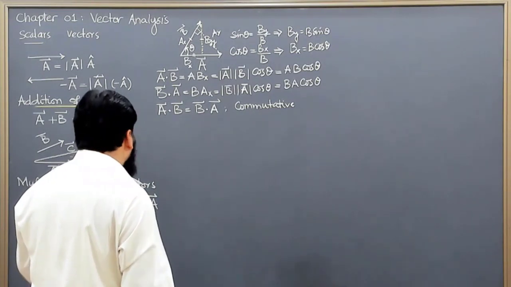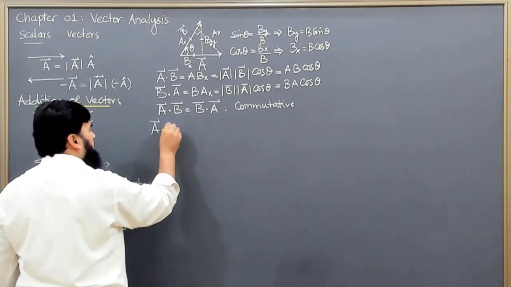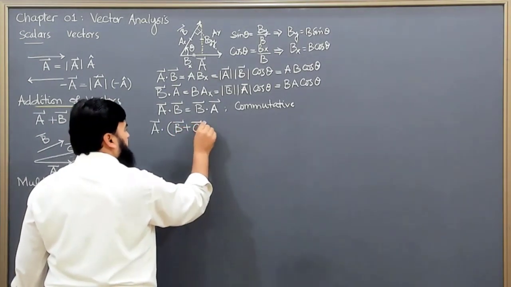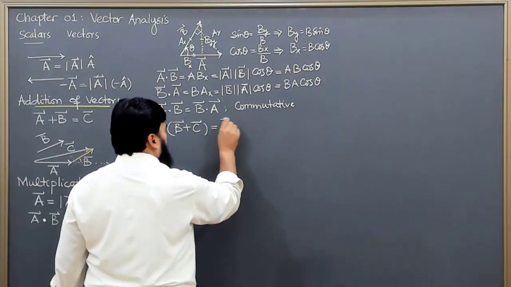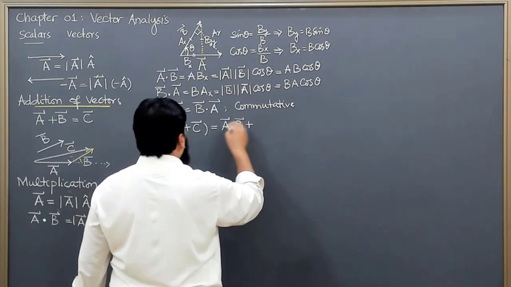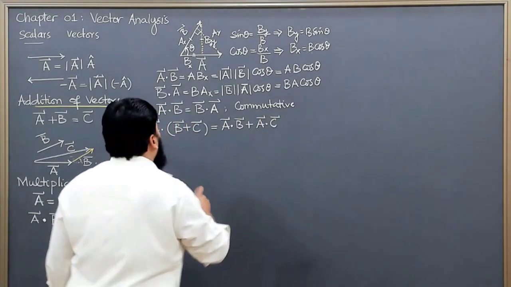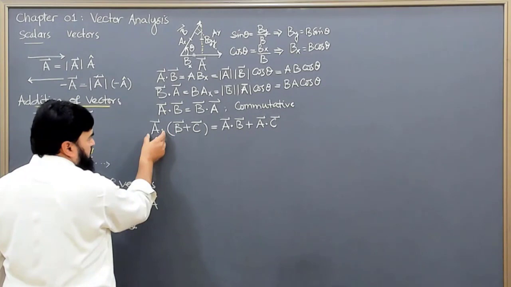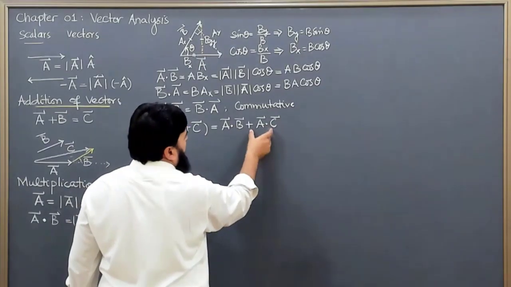Similarly, if I have the dot product between a vector and two other vectors that are being added, then it is the same if I multiply A as a dot product with B, and then add it with A multiplied as a dot product with C. It will be the same if I add them first and then take the dot product, or I find the dot product of the individual vectors and then add them up.